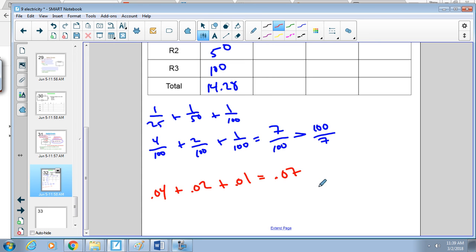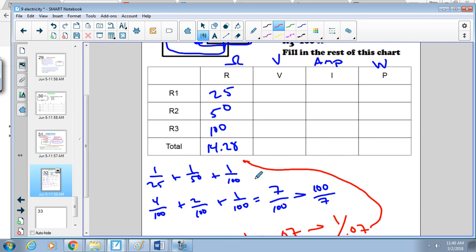You can add them all together without finding the least common denominator. That's fine, but you still have to take the reciprocal. That's 7 over 100, or what you can do, which might even make it easier, is just take the number 1 and divide it by whatever decimal you get. So in this case, 1 divided by 0.07, and you will get 14.28 as well.